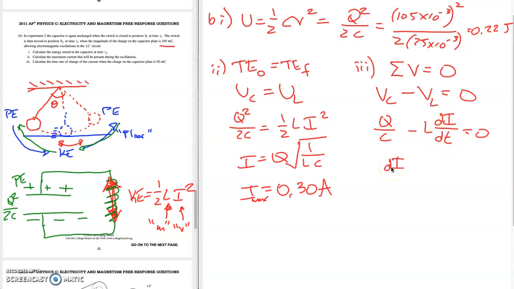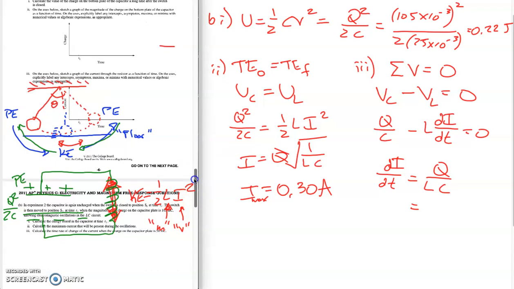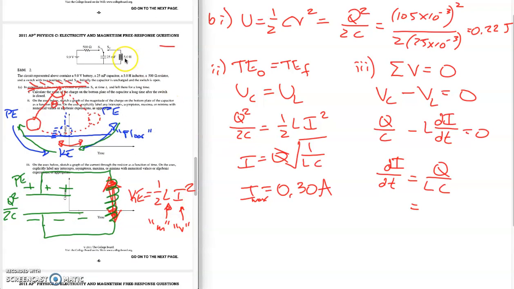So di dt is going to be Q over LC. They told us what Q is, and they told us what, let's see here, where is that? We have to go back to the diagram. Yes, we do. L is 5 and C is 25 milli.